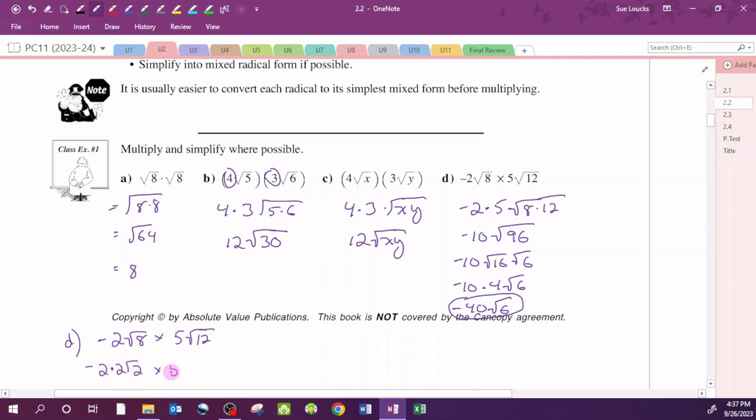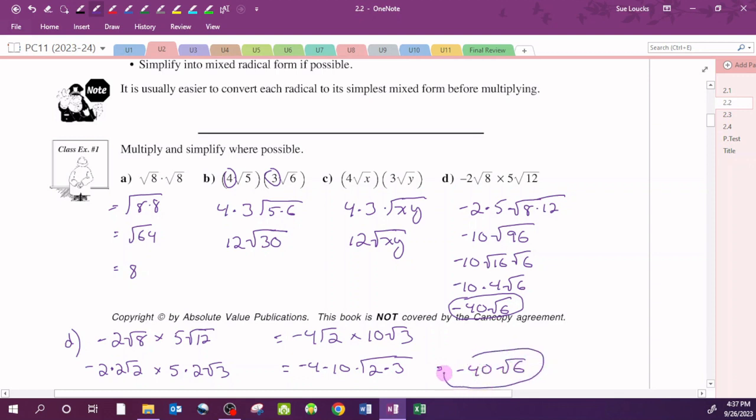And then times 5, and root 12 is 2 root 3, so that equals negative 4 root 2 times 10 root 3, which is then negative 4 times 10 times the square root of 2 times 3, which is negative 40 root 6. Of course, you get the same answer either way.